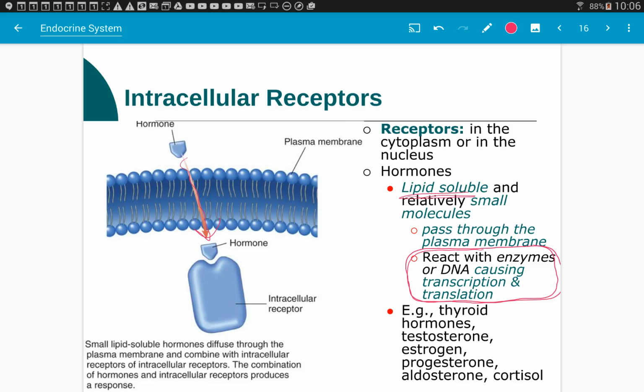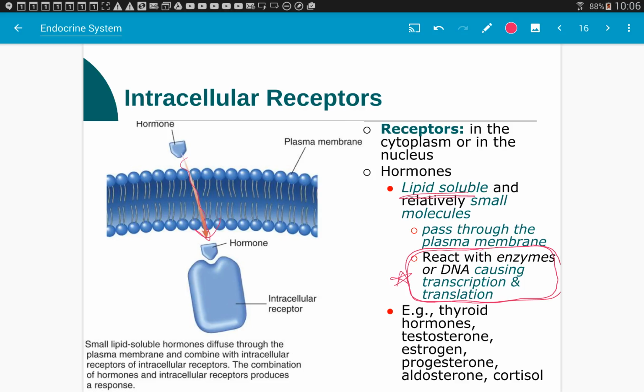It's going to cause an interaction with enzymes, or it can actually cause direct changes to the DNA and can cause a certain gene to be transcribed and then translated into protein, and that protein then has its own function as a result. So this can have a direct effect on the DNA, reading DNA, or activating a gene.